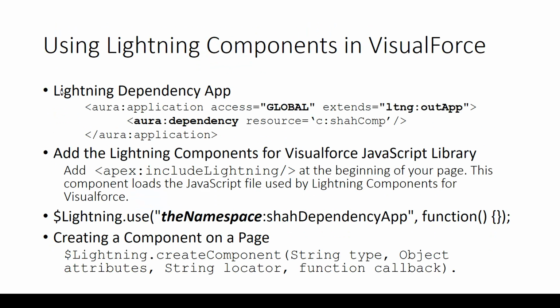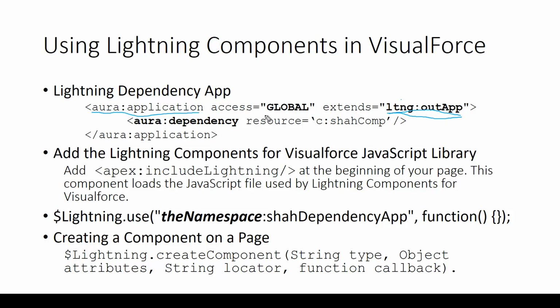What I'm going to do is, first I need to define a Lightning dependency app, a special type of app. The same way you defined your application, an aura:application. Fine. Then it should extend out app of the ltng namespace, ltng:outApp. It should extend.